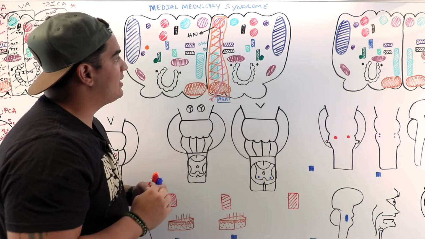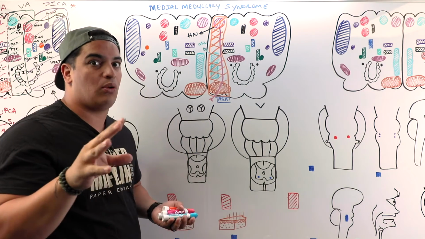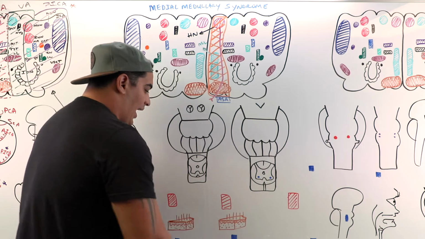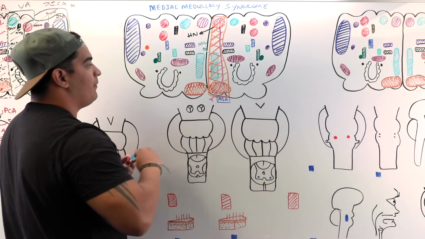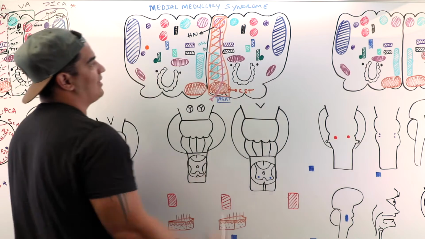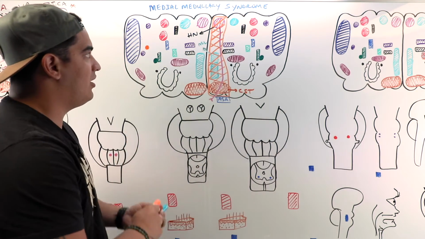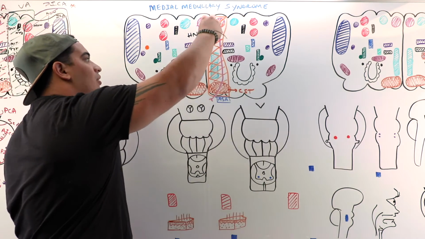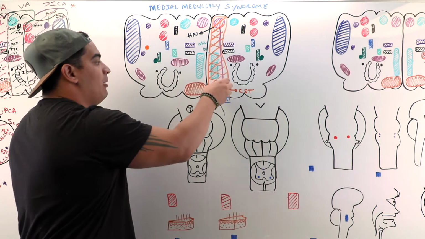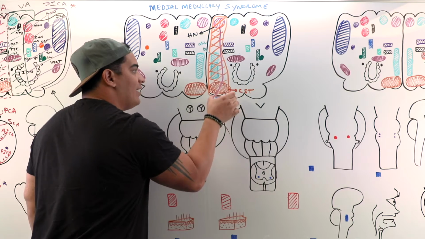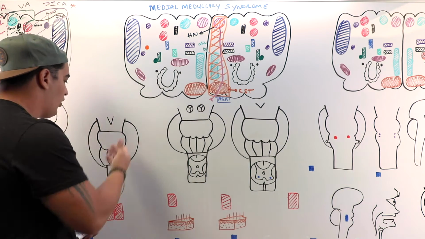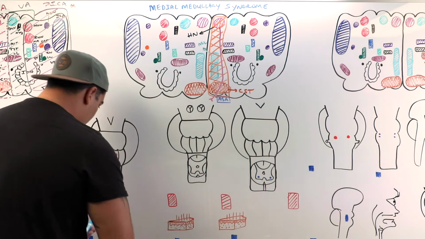And your medial lemniscus is obviously important because it plays a role within sensations, and we'll talk about what sensations. And in the ventral aspect here, this is going to be the corticospinal tracts. So three structures that are damaged: hypoglossal nucleus and nerve, medial lemniscus, corticospinal tracts. If those are damaged because of an occlusion of the anterior spinal artery, what are the clinical manifestations that these patients will present with? Okay, let's look here at this first diagram.